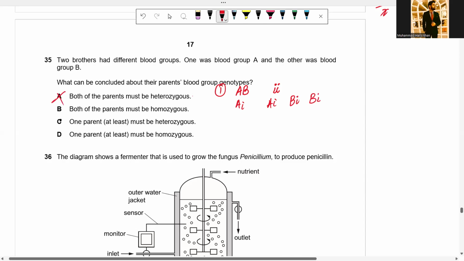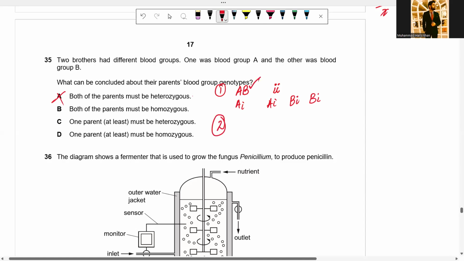In C, both of the parents must be homozygous. No, in this case, there will not be the result of blood group A and blood group B in the offspring. In D, one parent must be heterozygous. This is the appropriate answer for our MCQ.